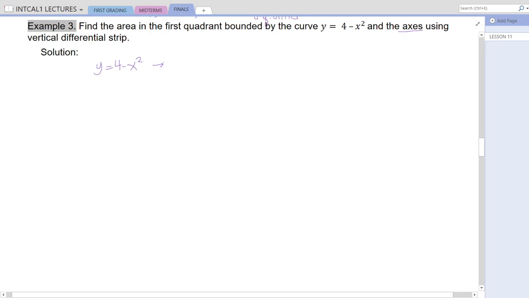So this equation is a curve that is a parabolic curve. That is a parabola. Okay. So if you remember, let us recall the standard form of a parabolic curve or parabola, if we are going to use the vertical parabolic curve.